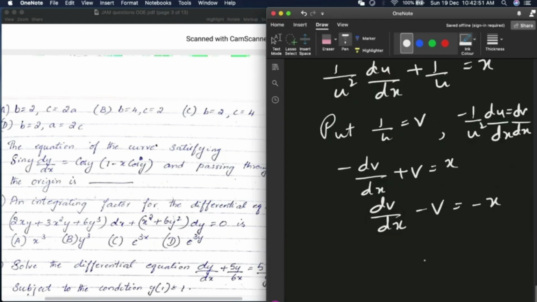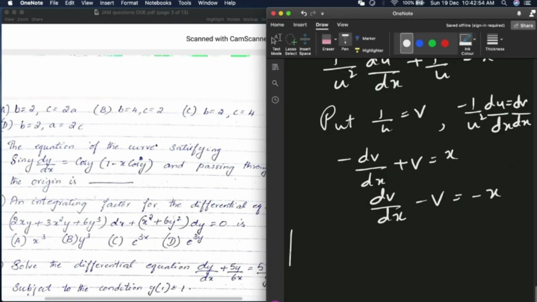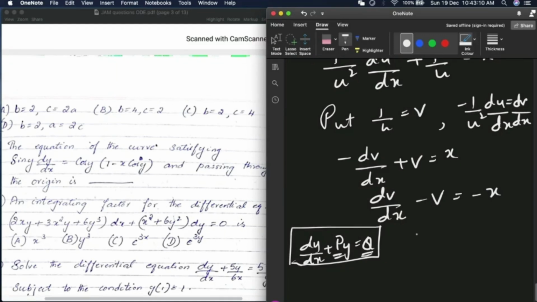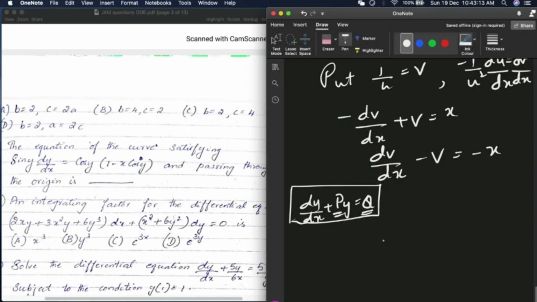Your linear form, if you remember, is the standard form dy by dx plus py is equal to q. Here p and q are considered to be functions of x alone. So now this is linear in v. Your p is minus 1 and q is minus x.